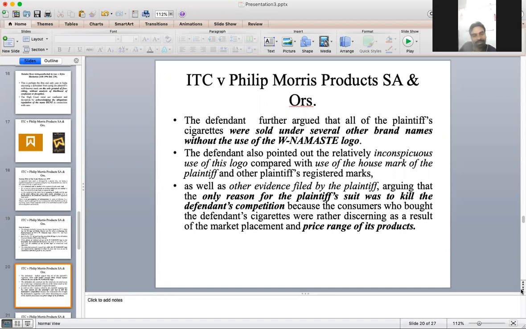The consumers who bought the defendant's cigarettes were rather discerning as a result of the market placement and price range of its products, so they were more attracted to this product, Marlboro. This was the reason cited by the defendants as the real purpose of bringing the suit.